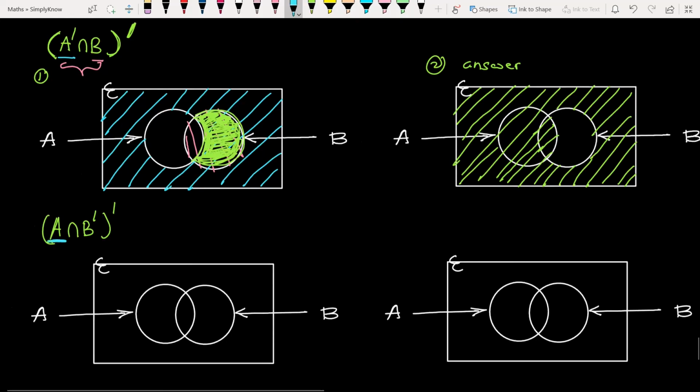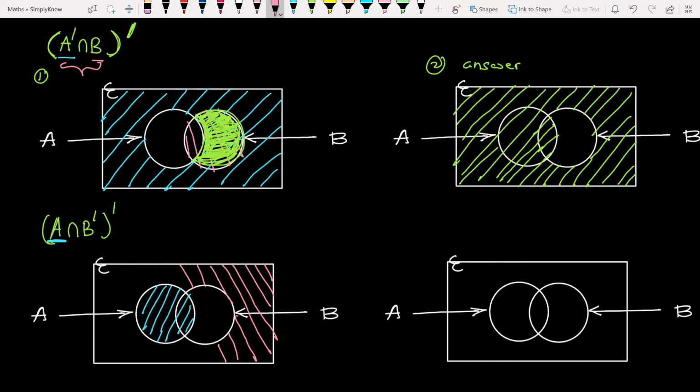First of all, let's shade the region A. Then B complement, I am going to shade everything outside B. Now, what is the area that is shaded twice?